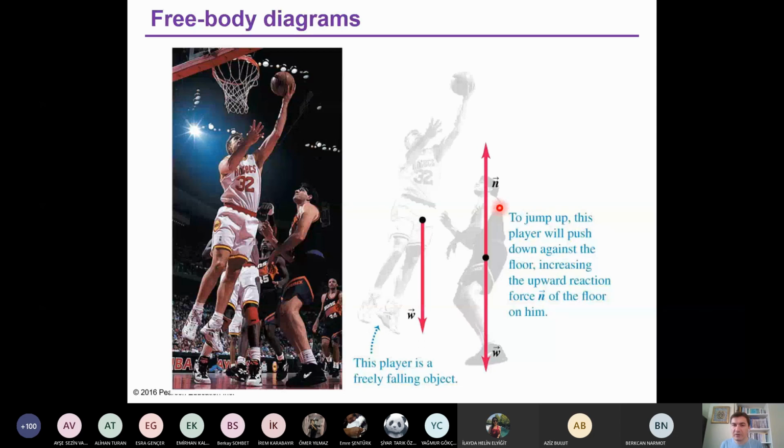So he needs to increase the normal force. If he can increase the normal force, then the normal force will be bigger than the weight. Then there will be a net force along the positive y direction, and this guy can jump.